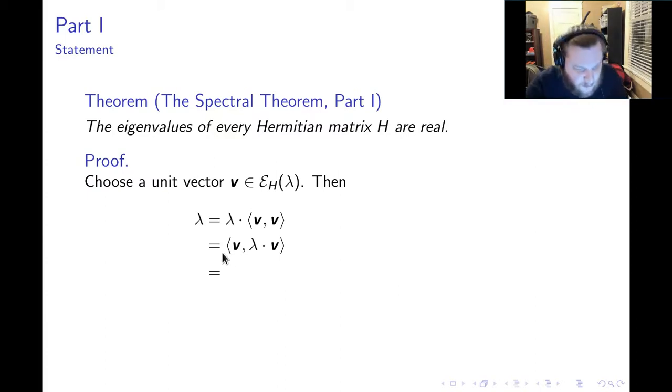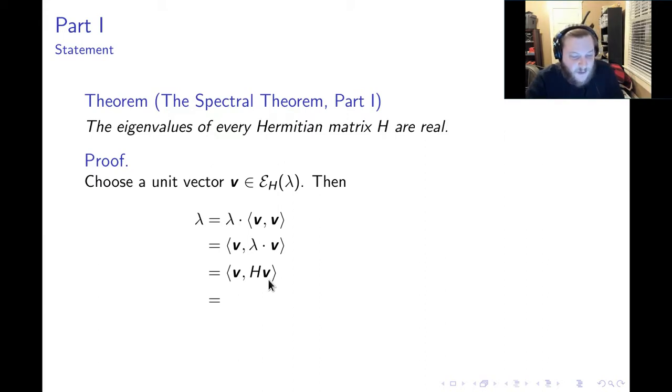Now we see we're looking at the inner product of V with lambda times V. But the whole point of V here is that V is an eigenvector of H corresponding to the eigenvalue lambda. So lambda times V is the same thing as H times V. Now we're looking at the inner product of V with H times V. But remember, the adjoint formula for inner products says that matrices can bounce back and forth inside of an inner product, except every time we move a matrix from one side to the other, we have to take its conjugate transpose.